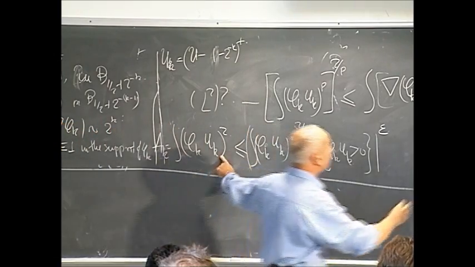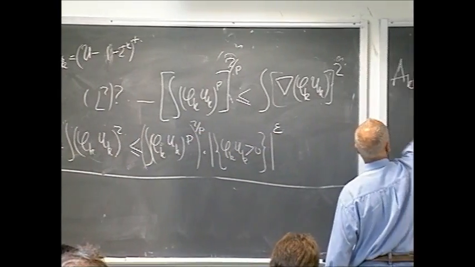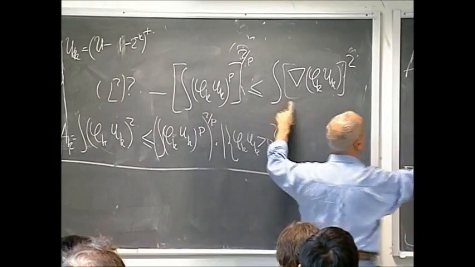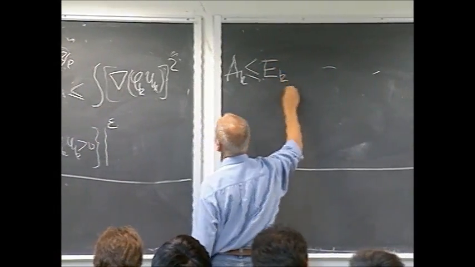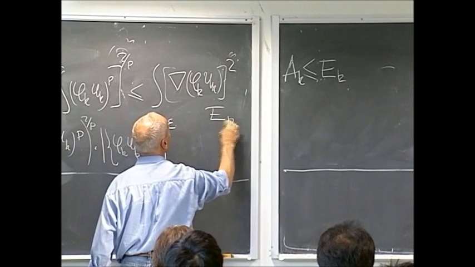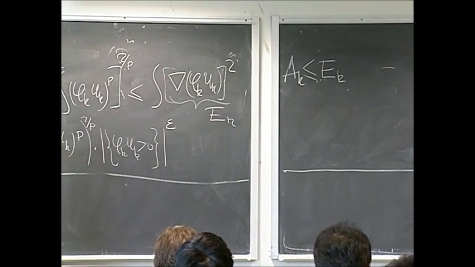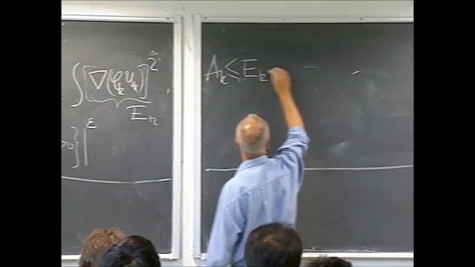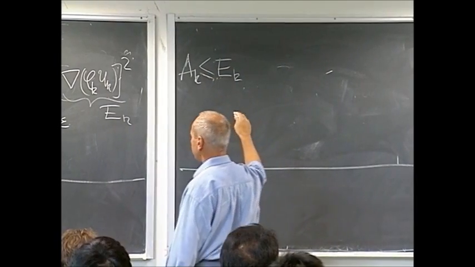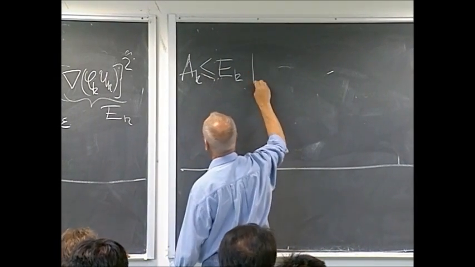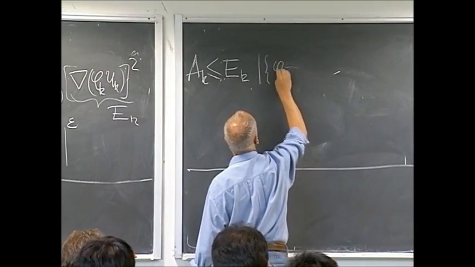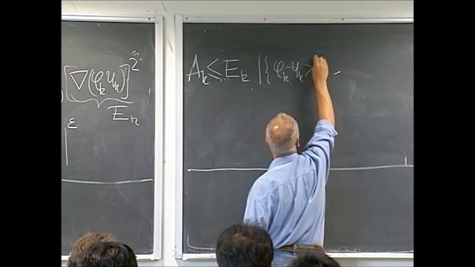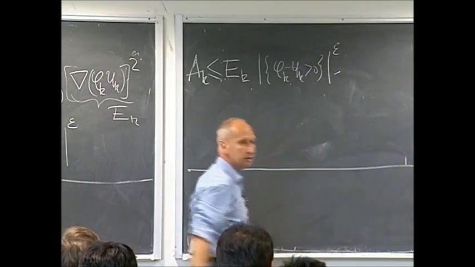So what I get is that AK is smaller or equal than, here I replace by the energy integral, let me call it EK, but I have left over the measure of the set where phi k uk is bigger than 0, to the epsilon. Okay?